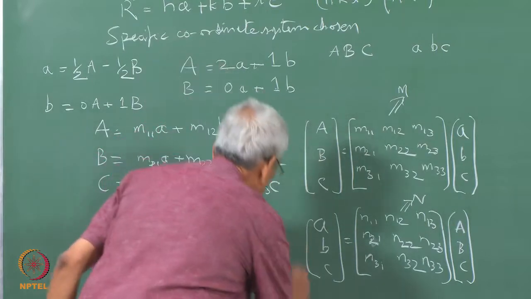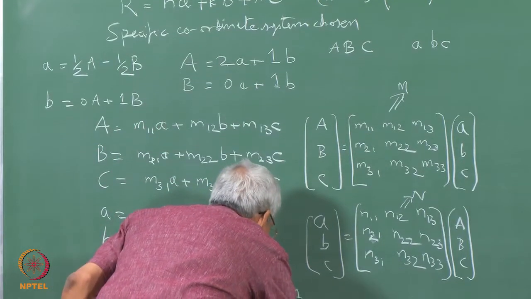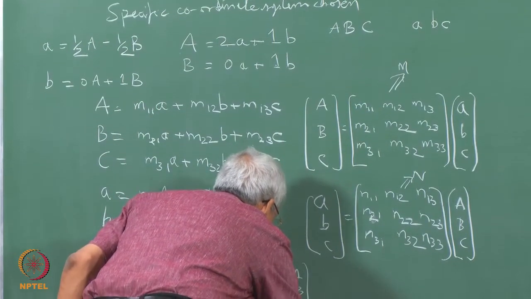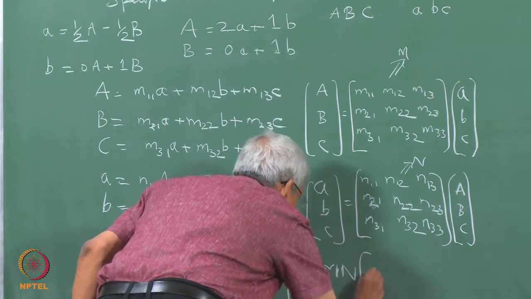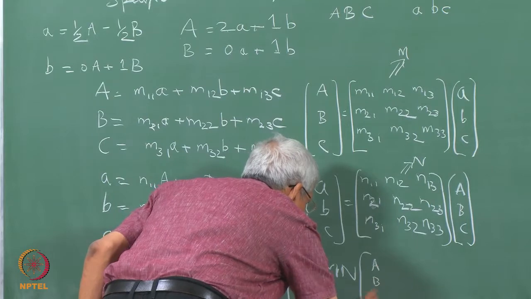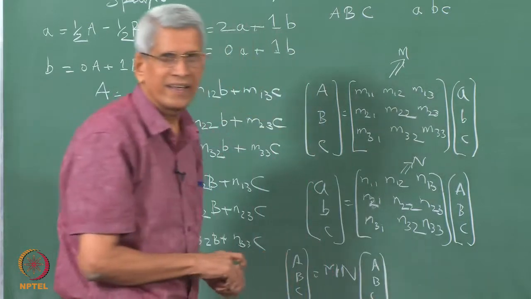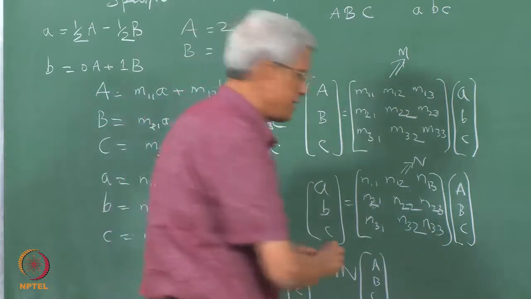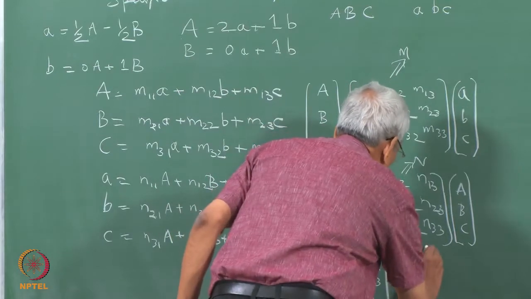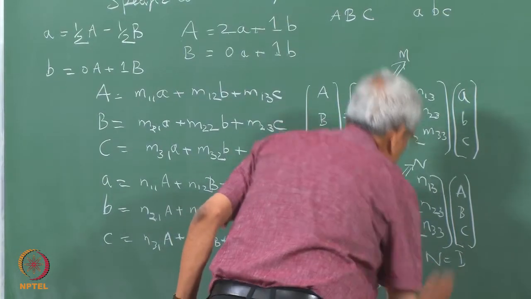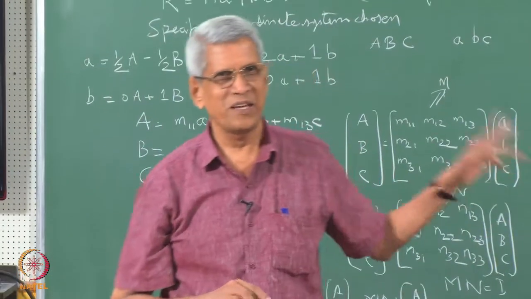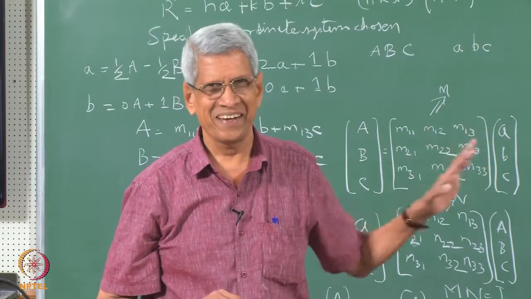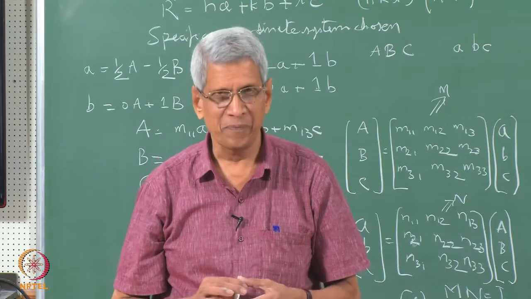Then this ABC will come in terms of M into N into ABC, correct. That means that M into N equals I, an identity matrix, in which case it can happen only when they are inverse of each other, correct. That relationship comes from here.